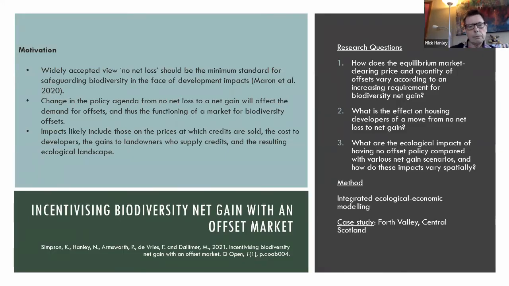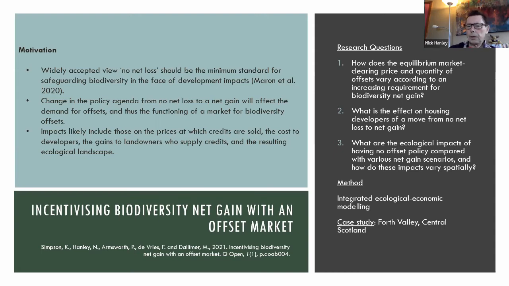And then we took the same modeling setup, moved it north a couple 100 miles to the Forth Valley in central Scotland, and switched our focus away from simply trying to achieve no net loss in biodiversity to something a bit more ambitious, which is a net gain in biodiversity. And we're particularly interested in what happens to the market when you increase the amount of net gain that we're aiming for.